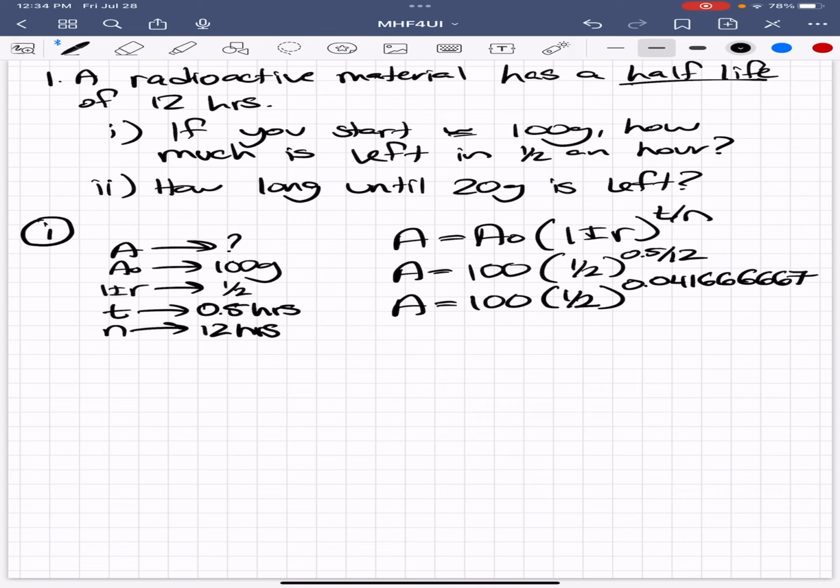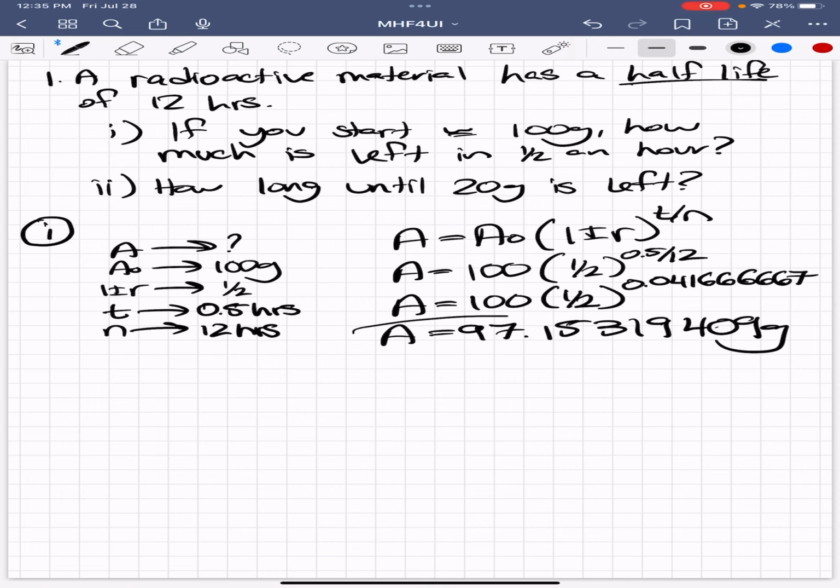If we plug the line that was just written into our calculator, we should get 97.1531949 grams. So that's how much is left after half an hour.